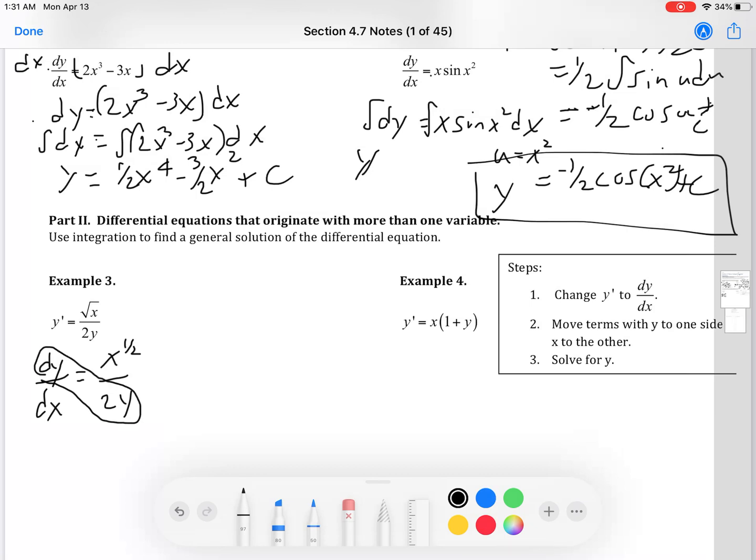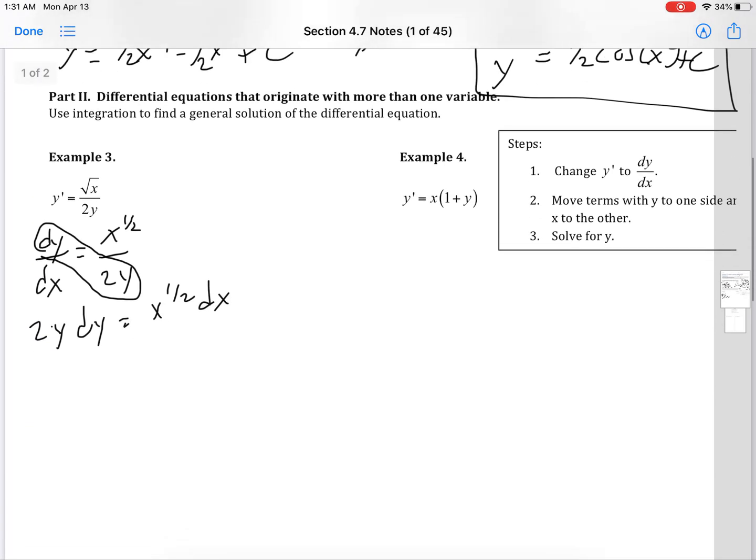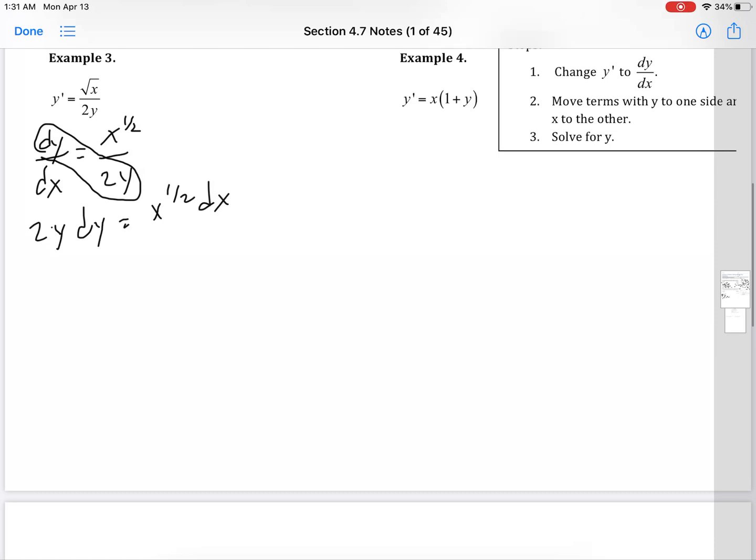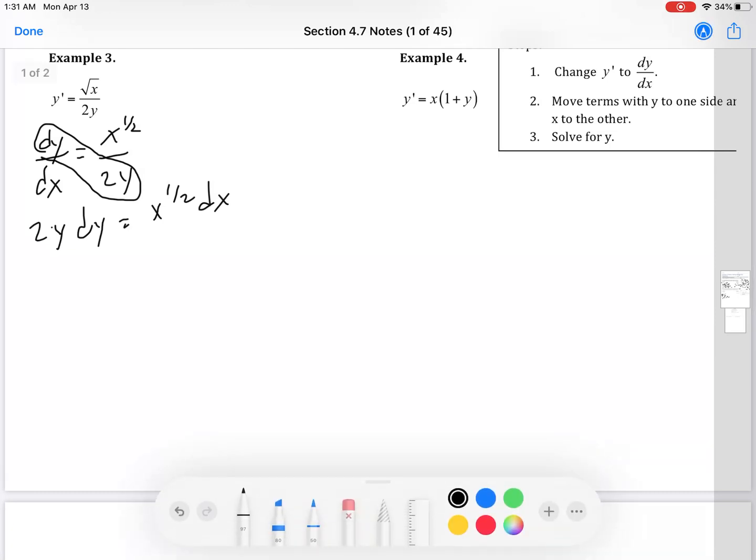So maybe I do 2y dy, I do x to the half dx. And when I got that, I have the y's all on one side and the x's on the other side.